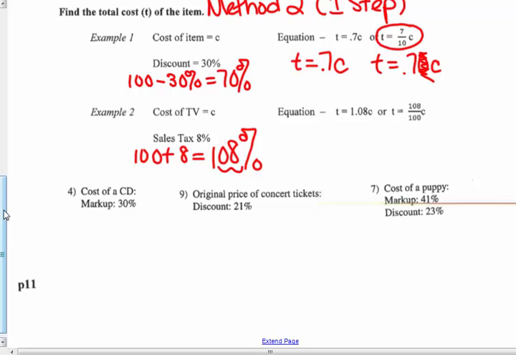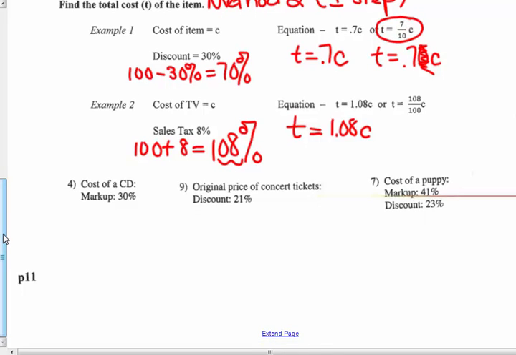Moving the decimal back, you would multiply the cost of the television, say it's $400, times 1.08 to give you the total T cost. So T equals 1.08 times whatever the television costs, 400, 500, 300, 299, whatever that television costs. Multiply it by 1.08 and you will get the total.